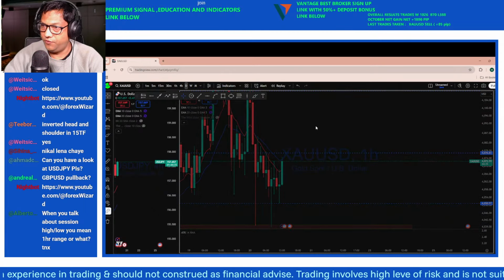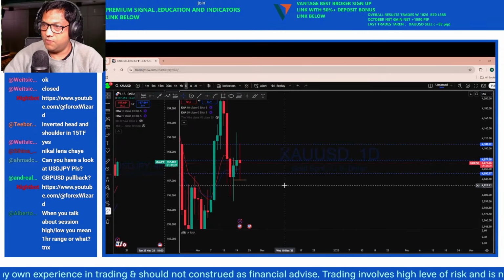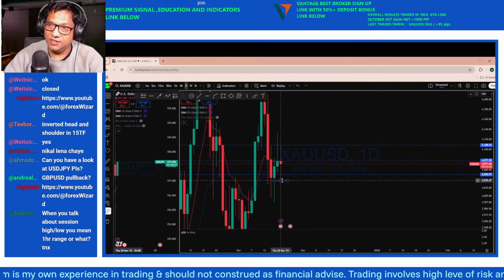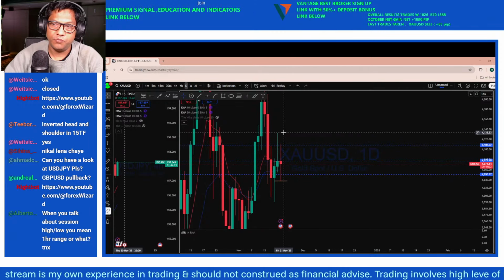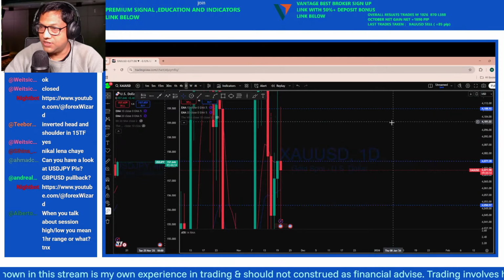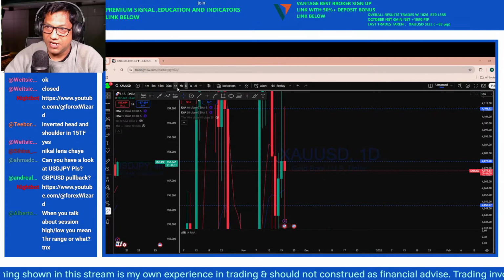If you look at daily here, you can see this is the daily level where the market opened, and it is less likely that this daily candle will be a big bull candle without breaking well below here. So therefore, going to 4077, 4076 could push the price again back below.